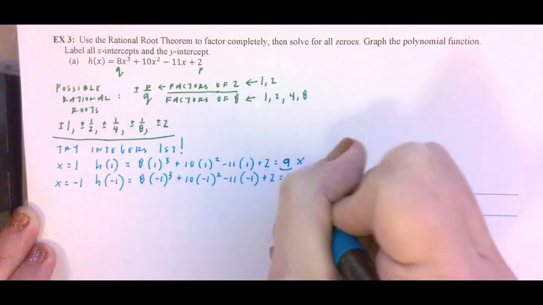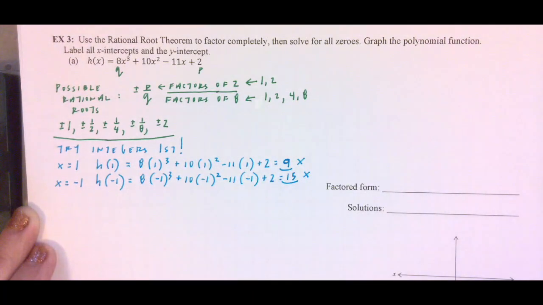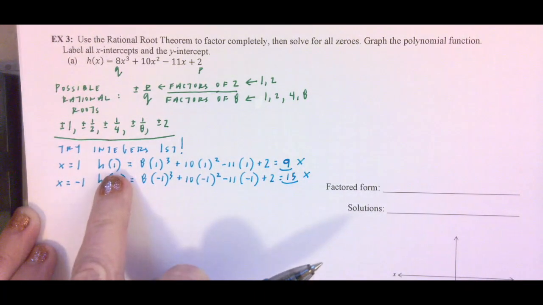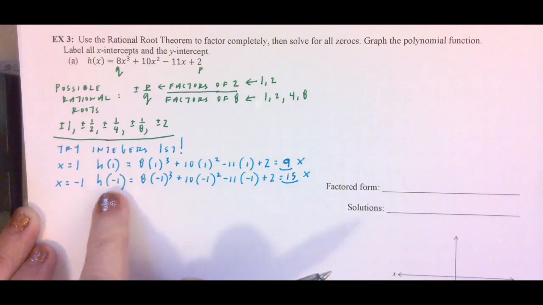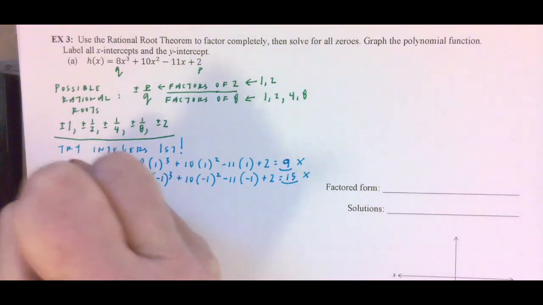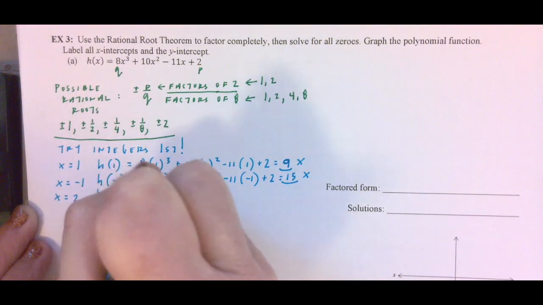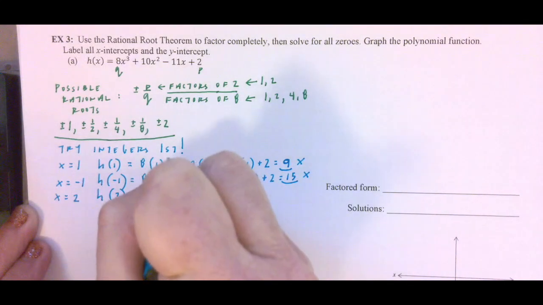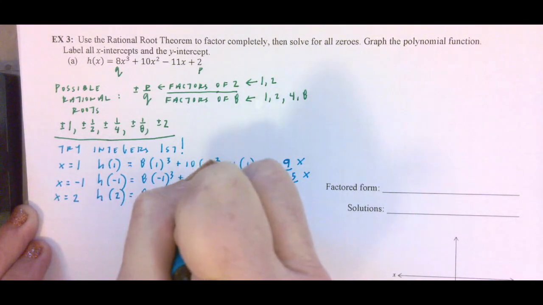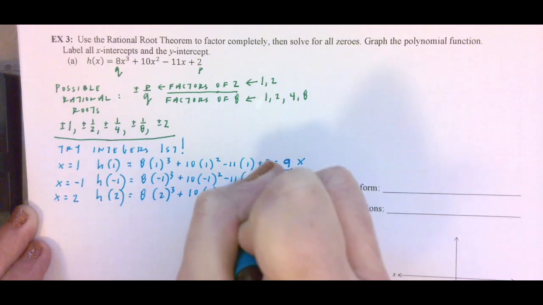That's 15. Okay, not 0. These would be points on my graph. I'd have a point at 1, 9, negative 1, 15, but this is not where it crosses the x-axis. So I keep going. Let's say that I try x equals 2. Again, I said integers first. So if I show how that's plugging in first, I'm just plugging this in for x.